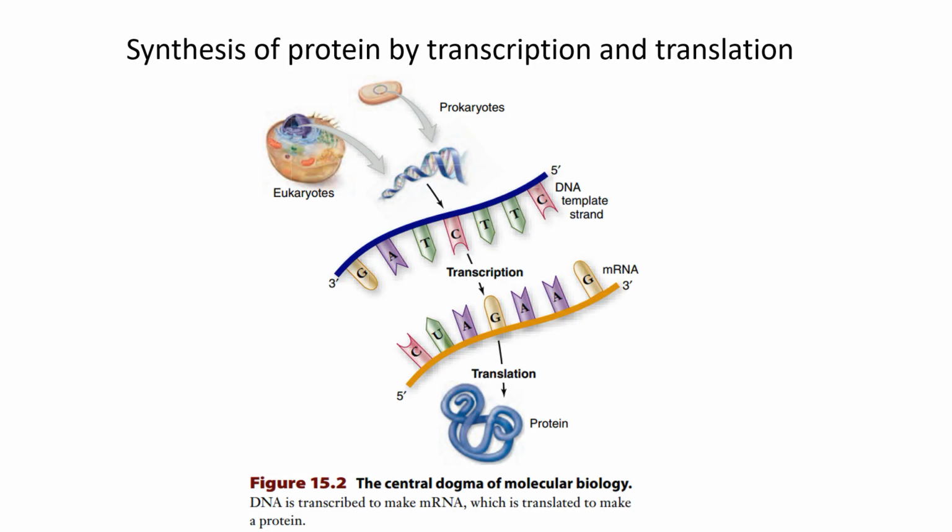Now, the big deal for today: synthesis of protein, which is transcription and translation. All this while I've been talking about transcription and translation. It means synthesis of protein, how protein is synthesized by your body cells, in eukaryotes as well as prokaryotes. It's the same thing, by transcription and translation.